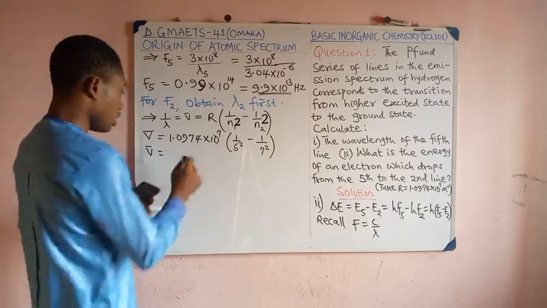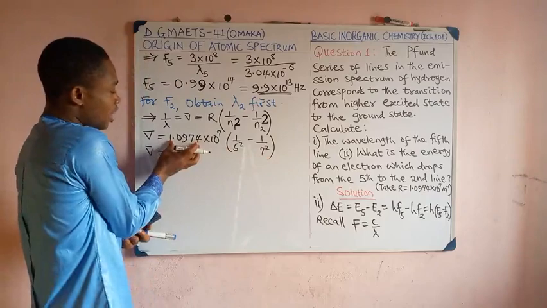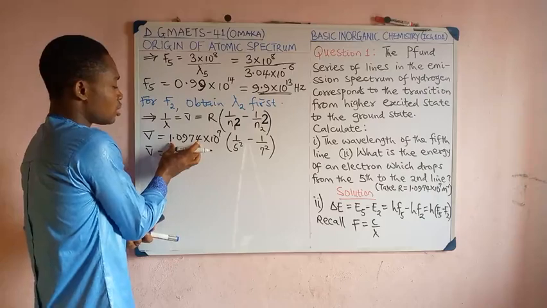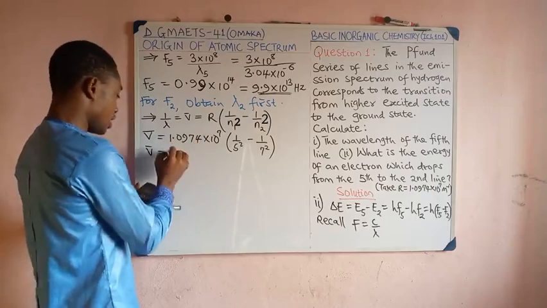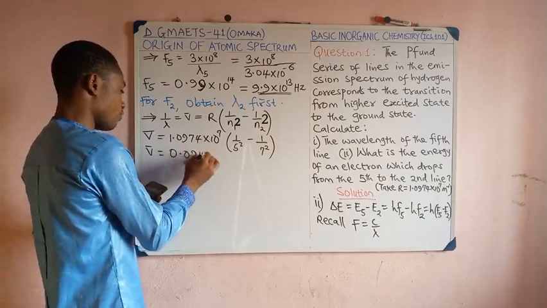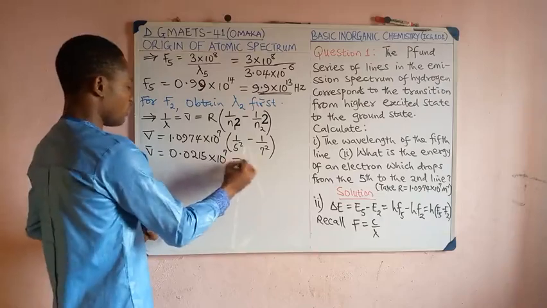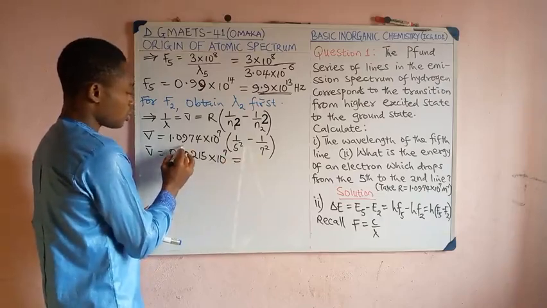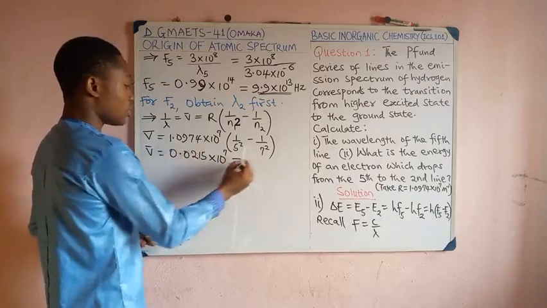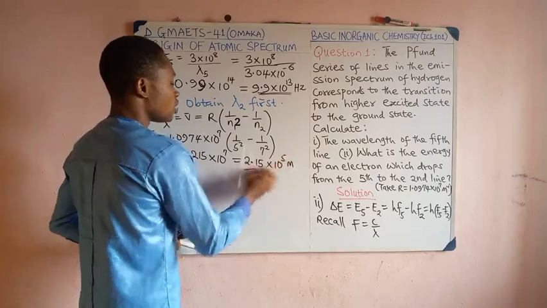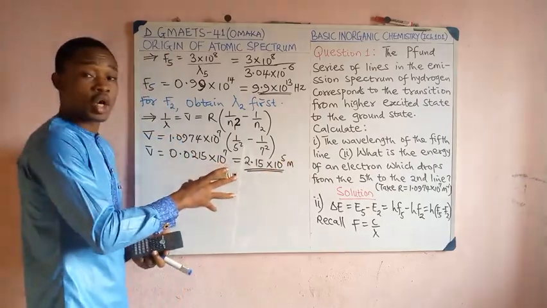What I obtained from this bracket, I multiplied by 1.0974, and it gave me 0.0215. So I'm going to multiply by 10 raised to the power 7, which eventually becomes, moving the point 2 times, 2.15 times 10 raised to the power 5 per meter. So this is the wave number of the second line.